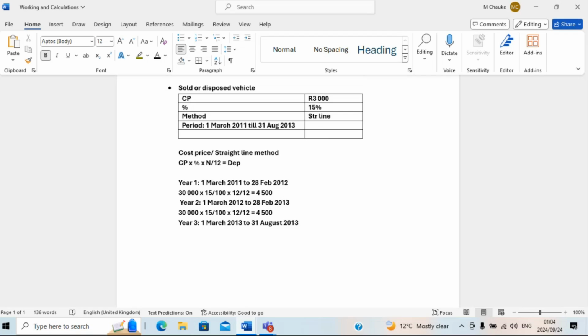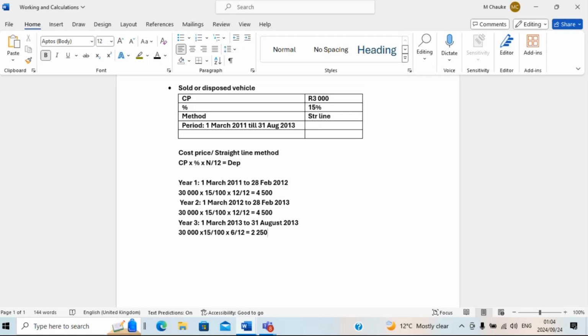The method says cost price, which is 30,000, multiplied by the percentage given, which is 15%, multiplied by 6, because we found 6 months, divided by 12. So how much is the depreciation there? Let's see. Following that method, it gives me 2,250.